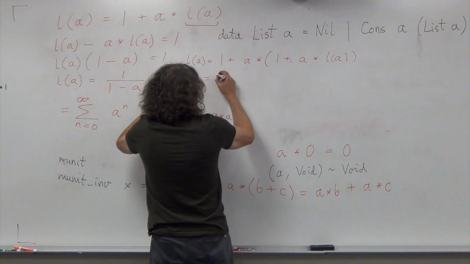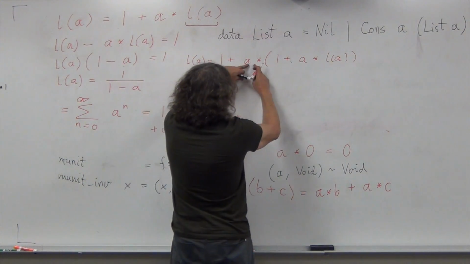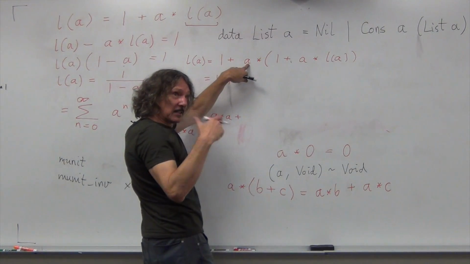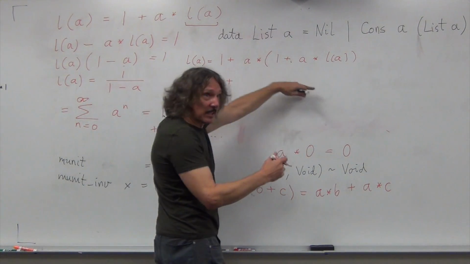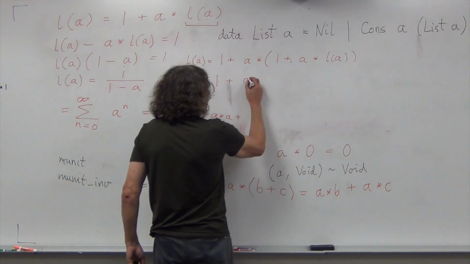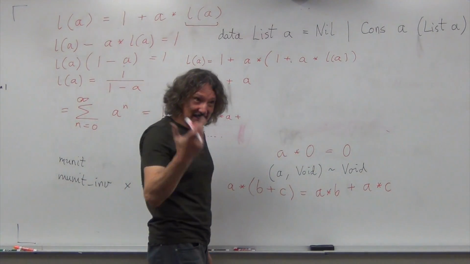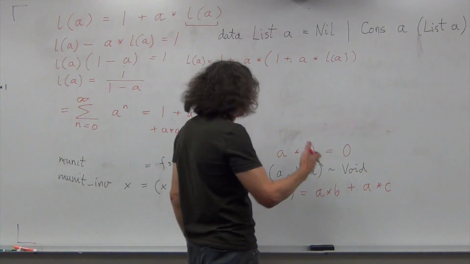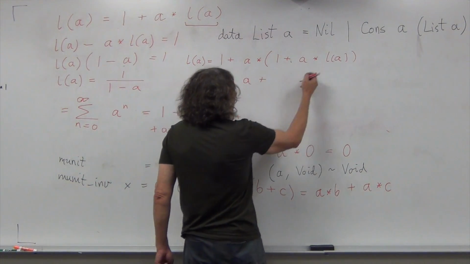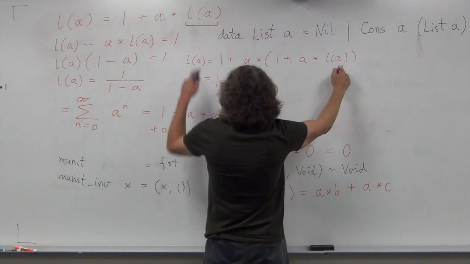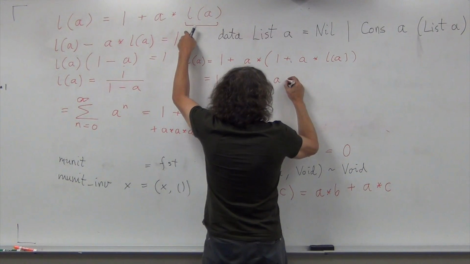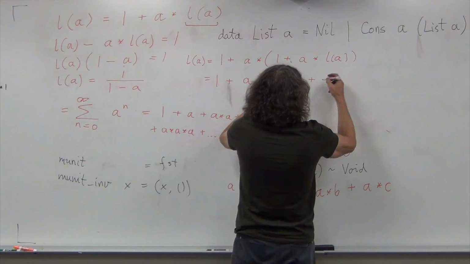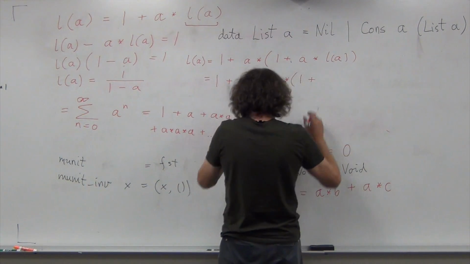Which is 1 plus, now can I do this multiplication of a sum? I showed you that actually I can go with multiplication under the sum. So I can say A times 1. Oh, but A times 1, that's A. This whole algebra works on types as well, so I don't have to worry. And here I will do the substitution again. So I would say A times, and L of A is 1 plus... Wait, you missed an A. I missed an A, yes.